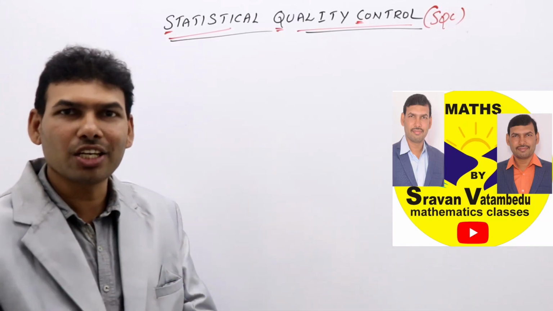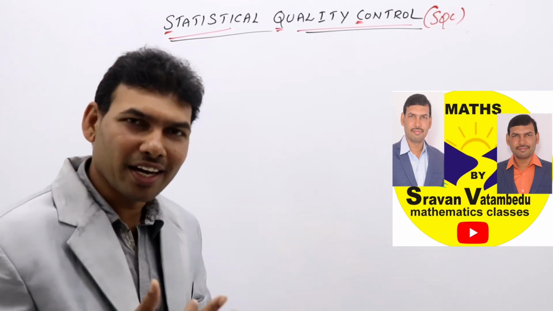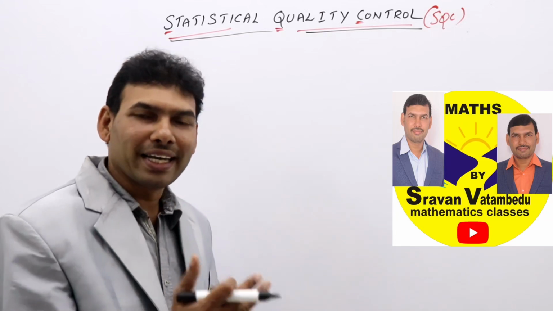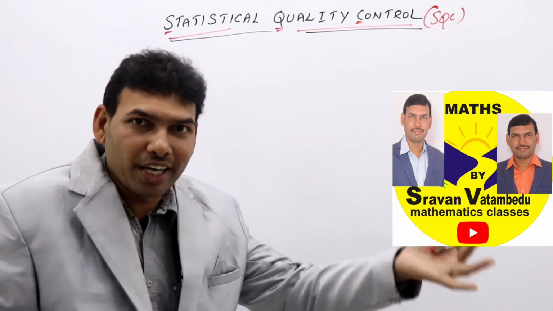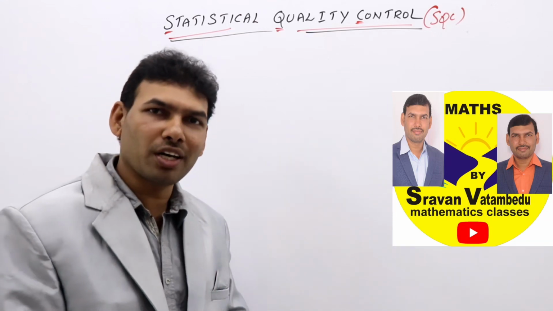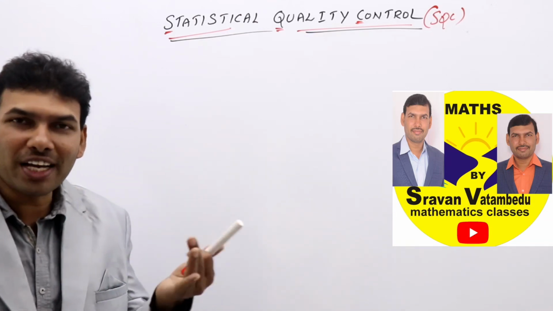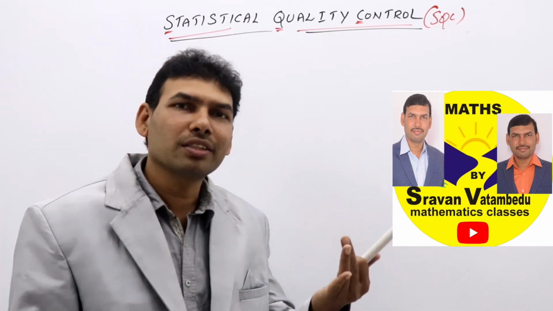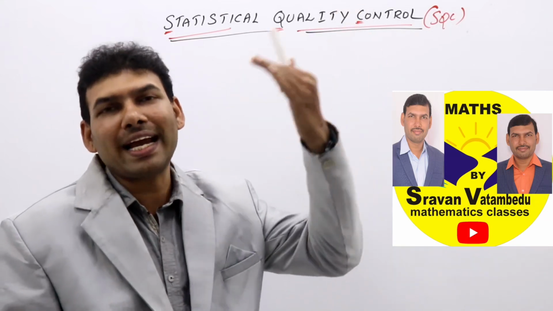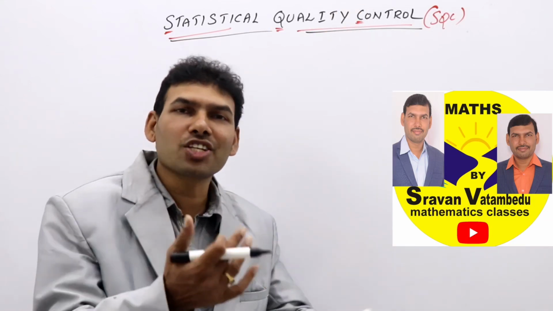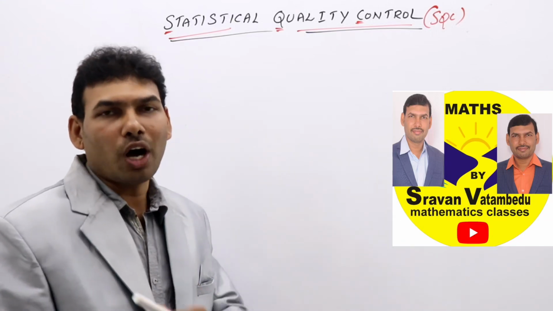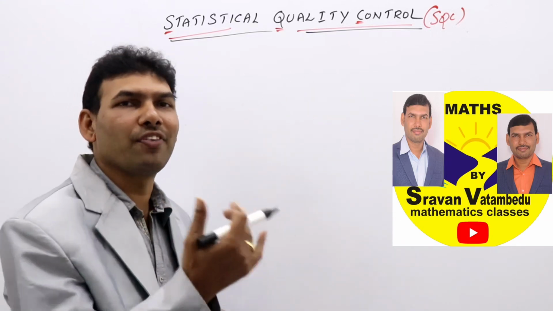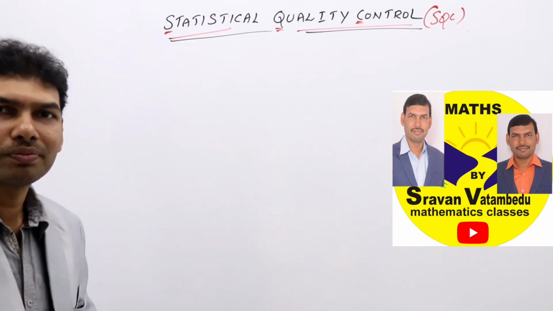In each stage, you have to inspect whether we are getting a good quality product or not, whether we are manufacturing the product up to the level of the standard which we assumed at the starting. So up to the mark, whether we are giving the product or not.